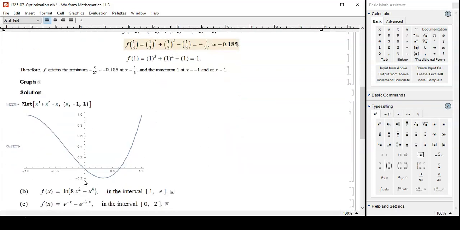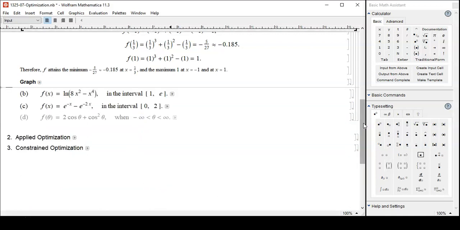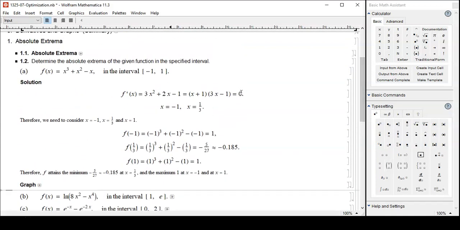And let's look at the graph. This is about negative 0.2, so negative 0.185. Yeah, that makes perfect sense. So we have that absolute minimum, coming from taking the derivative and setting it equal to 0. It's not too bad. It's just a quadratic equation to solve.